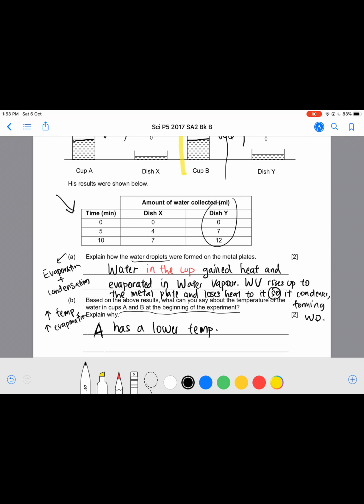Because A has a lower rate of evaporation, so lesser condensation took place. How do I know lesser condensation took place? Because there are fewer water droplets. Okay? So I can conclude that A has a lower temperature.